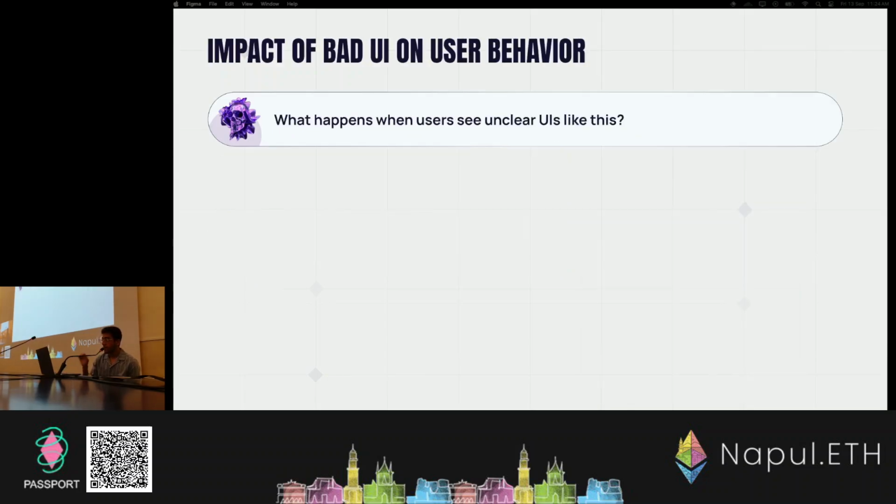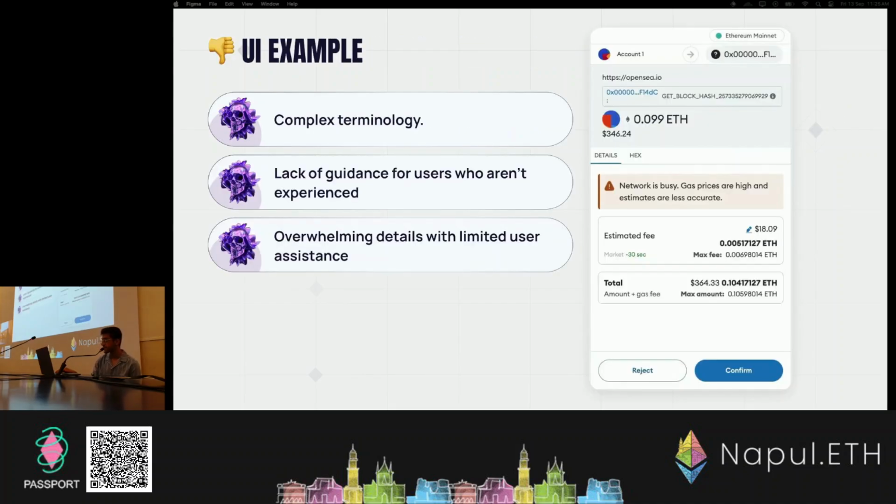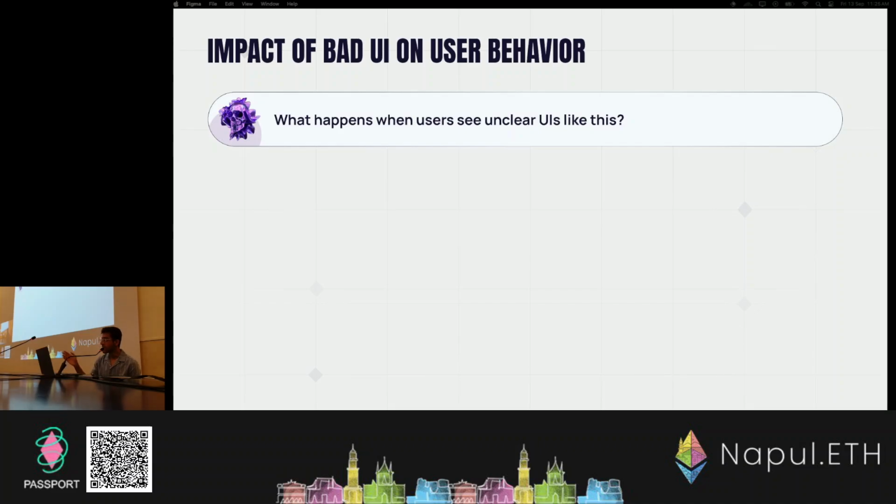And the impact of this bad UI on user behavior is that, now imagine a user interacting with this interface, they either give up or proceed with a lot of uncertainty. Neither scenario is great. Even if they are confused, that's not good UX.